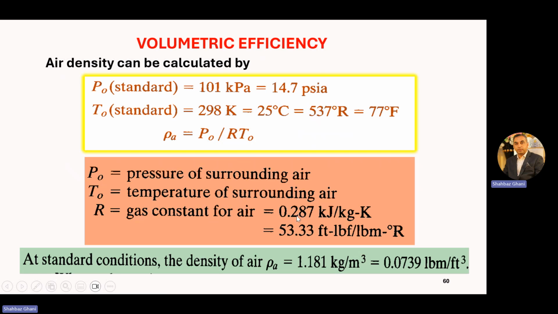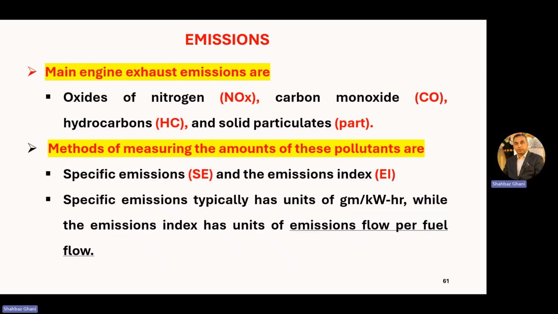We know the value 0.287 kilojoules per kilogram Kelvin. So at standard condition, the density of air rho A is 1.181 kilograms per meter cube. We will be using this value in solving the problems.